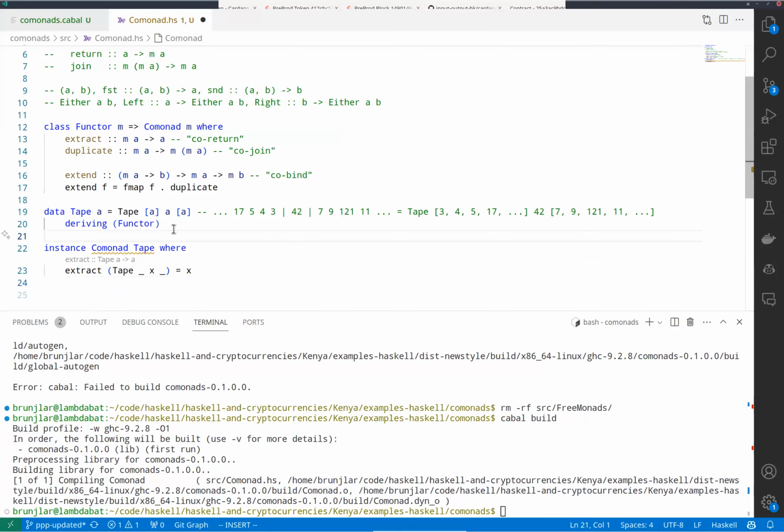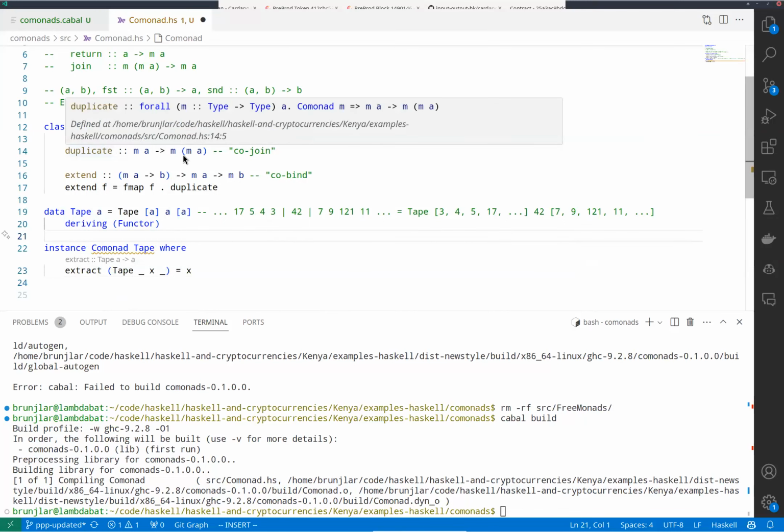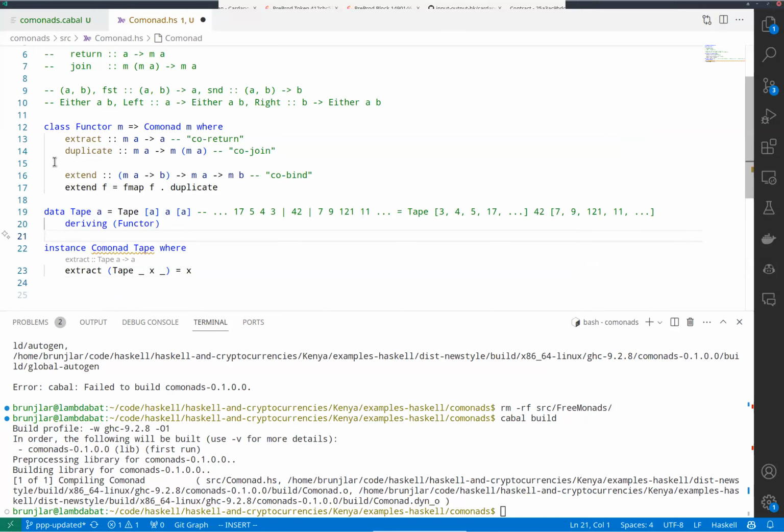So M is tape, and I must take a tape and turn it into a tape of tapes. And the idea here, somehow, is that on this tape, the obvious operation we want is to move the focus left or right. That's the obvious thing we would like to do with a tape. So let's implement this first.